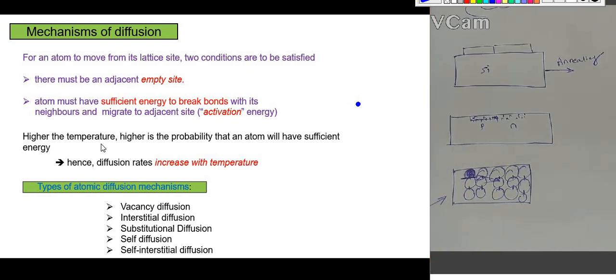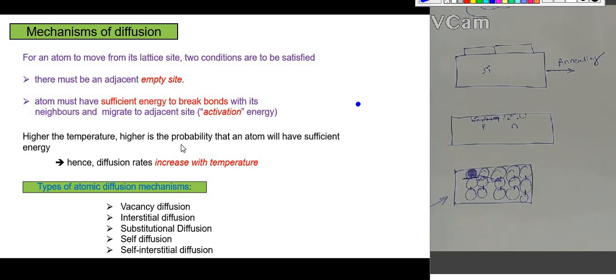The higher the temperature, the higher the probability that the atom will have sufficient energy, hence the diffusion rate increases with temperature. The different diffusion mechanisms are vacancy diffusion, interstitial diffusion, substitutional diffusion, self-diffusion, and self-interstitial diffusion.